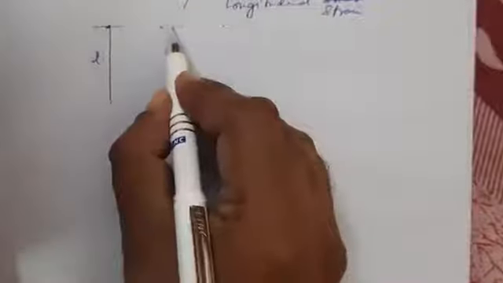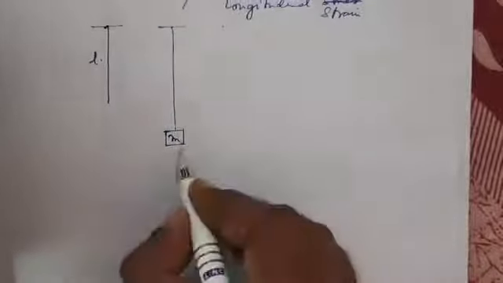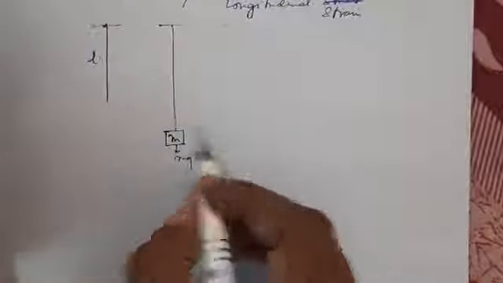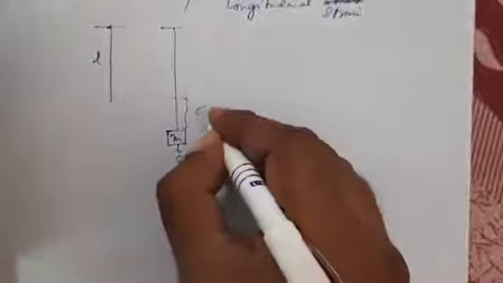If we take a wire hanging from a particular point, the original length is L. Now if we hang a weight of mass m, the weight acting downwards is mg. This wire will increase in length by delta L.